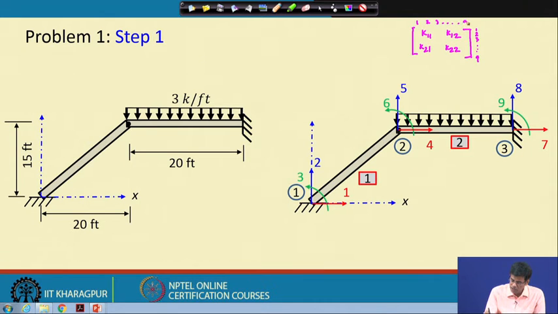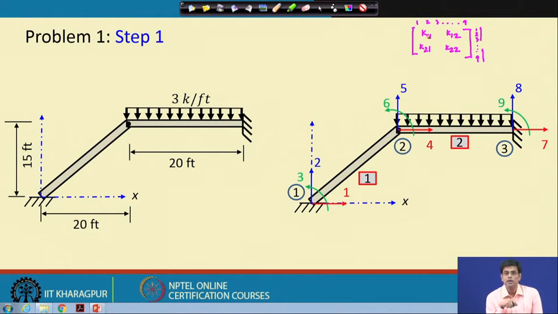Now, to partition that matrix, you have 4, 5, 6 as unknown, and 1, 2, 3 is known. So, this part will be known, and there are some other parts that will also be known. So, the middle part of the matrix has to be separated out from the rest of the matrix.